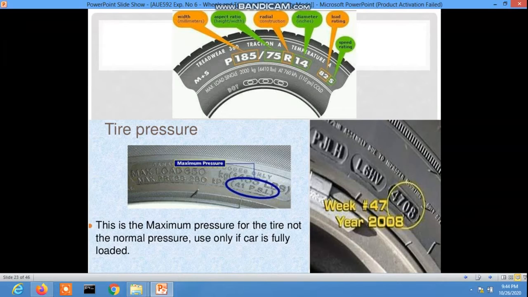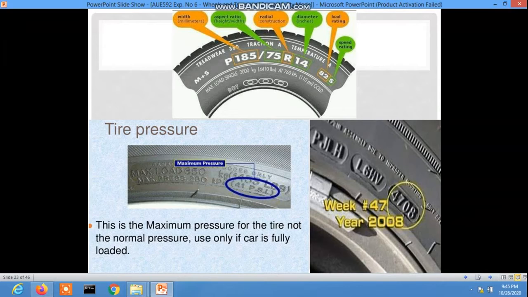Now the tire pressure, some pressures are denoted on the tire wall. This is the maximum pressure of the tire, not the normal pressure, used only when fully loaded, that is 41 psi. Now here is another picture, the week, that is 4708, that means the 47th week, that is the manufacturer date, week 47 and 2008, that is the manufacturer year.